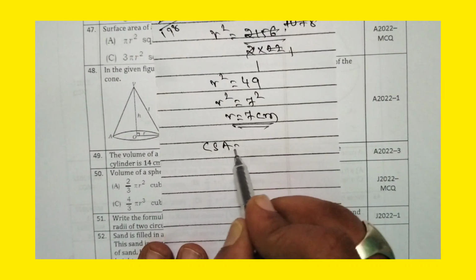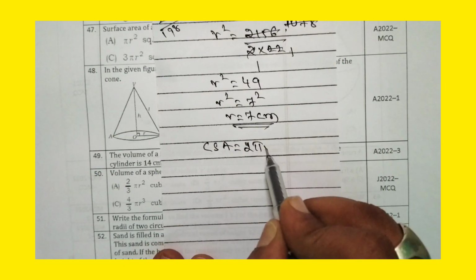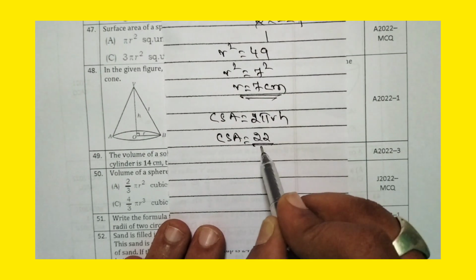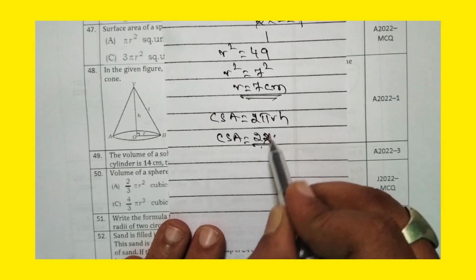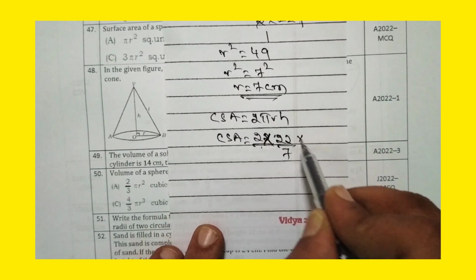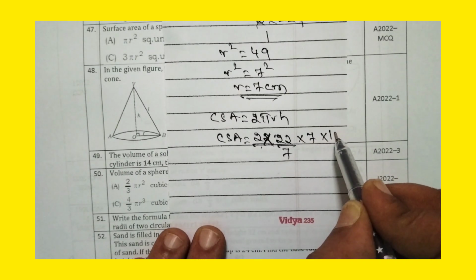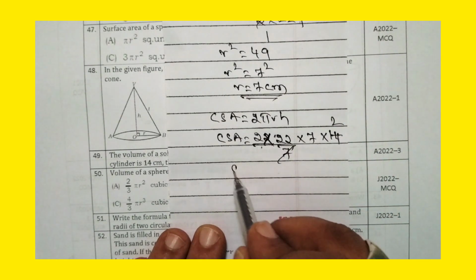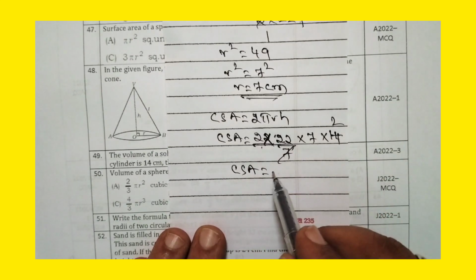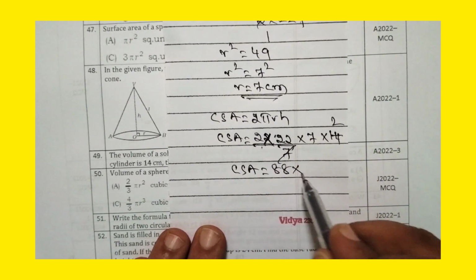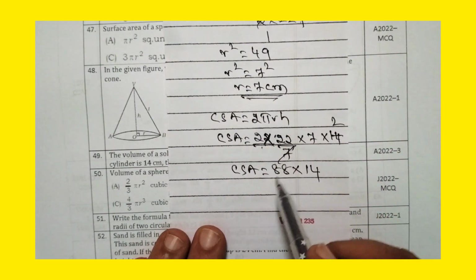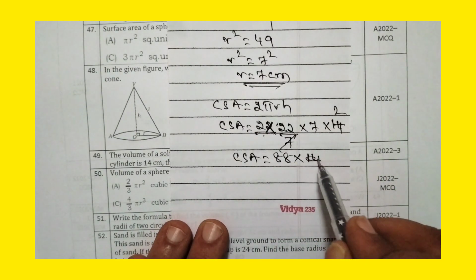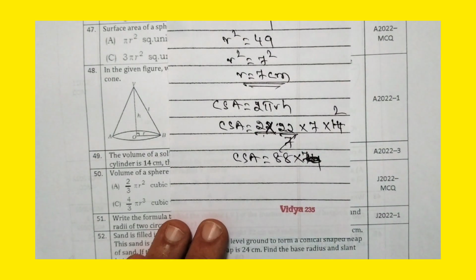So CSA is equal to 2 pi r h. So CSA is equal to 2 into 22 by 7 into radius is 7 into height is 14. 7 ones are 7, 7 twos are 14. Then the remaining curved surface area is equal to 22 twos are 44, into 2 is 88, into 7.